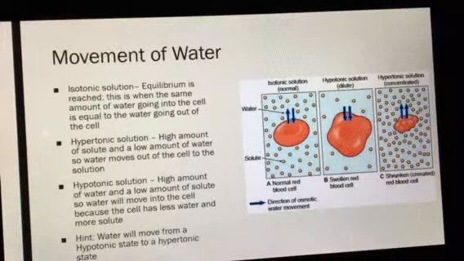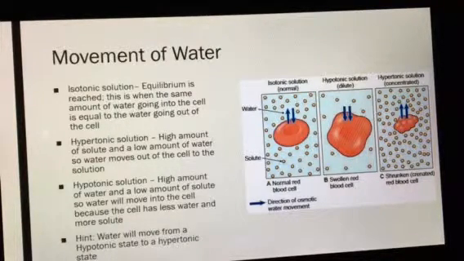However, plants aren't that way. Plant cells are typically hypertonic, and they like to have a hypotonic solution on the outside, which means water is constantly going into the cell. This allows them to stand up straight.